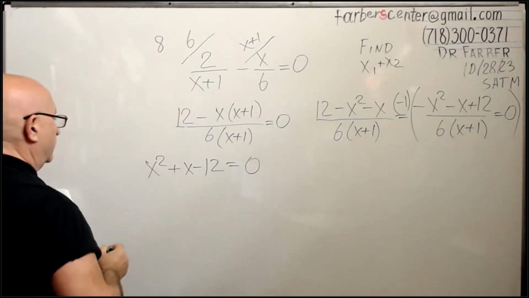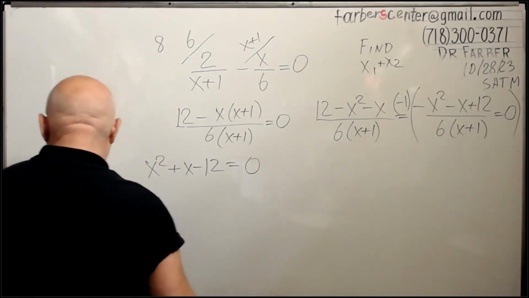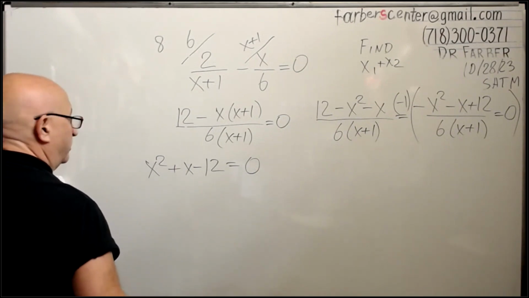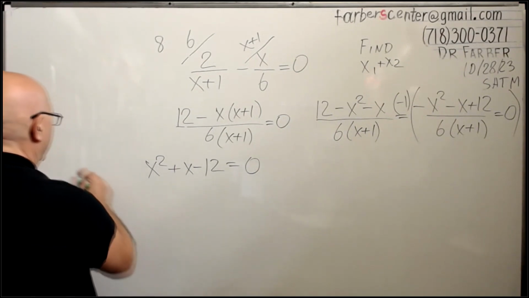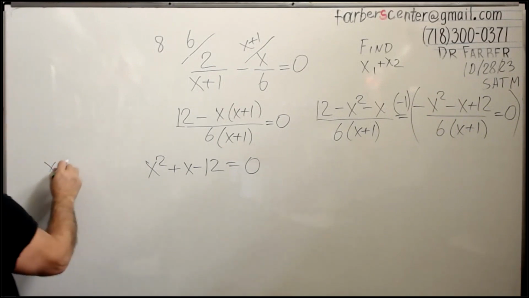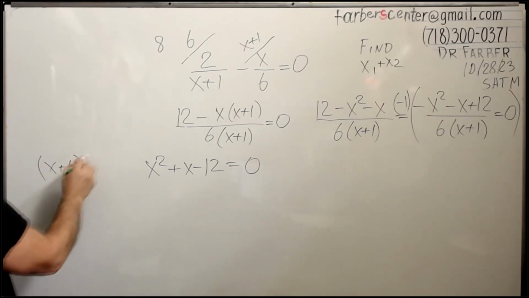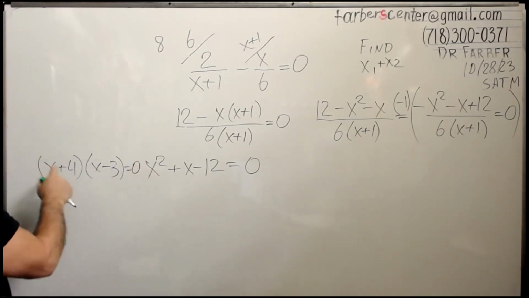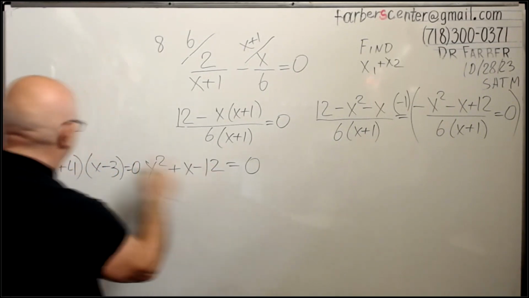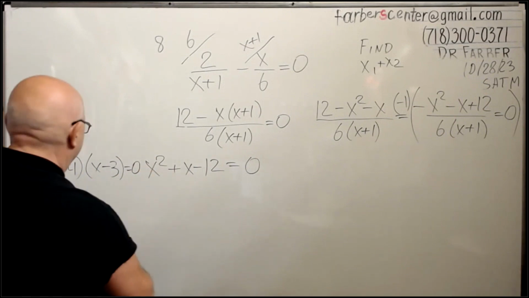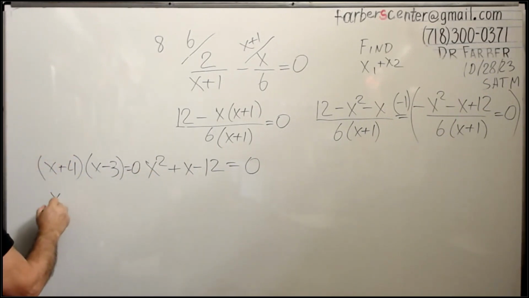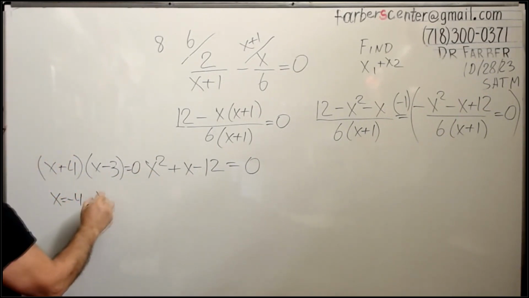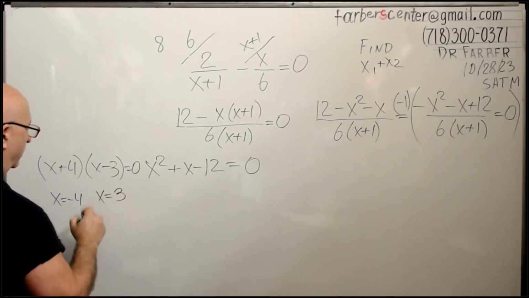You can factorize it. It would be x plus 4 times x minus 3 equals 0. 4 times negative 3, negative 12. 4 minus 3 is 1, yes. So either x equals negative 4 or x equals 3.